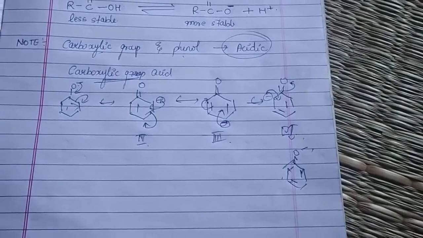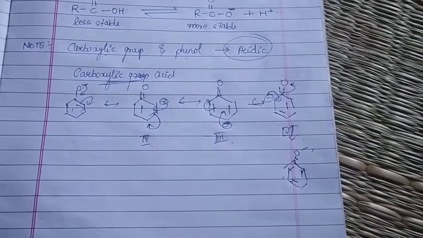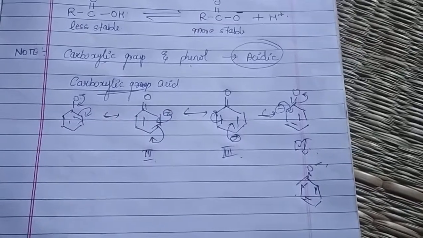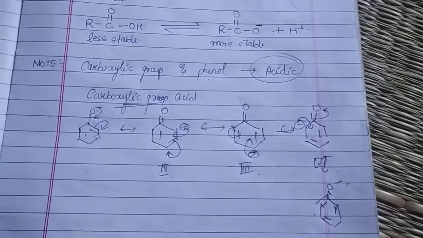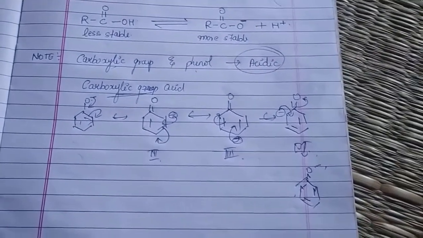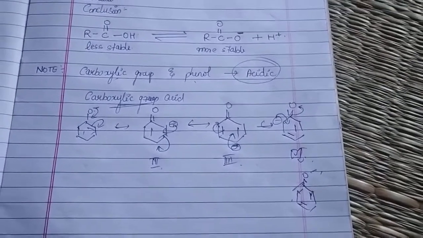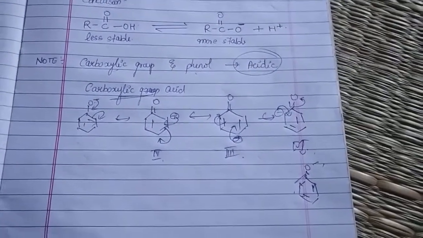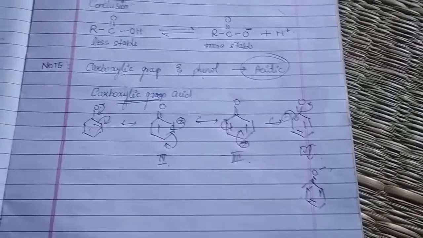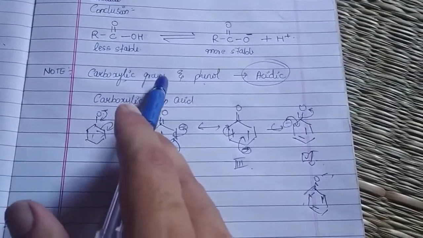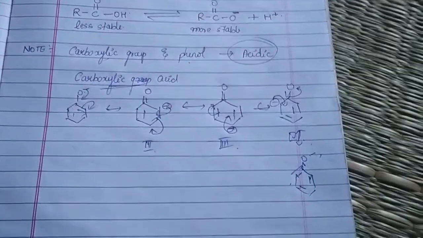So that is the reason, compared to the carboxylate anion and that of your phenoxide ion, your carboxylate anion will be much more resonance stabilized. So that is the reason your carboxylic group will be more acidic than phenol.